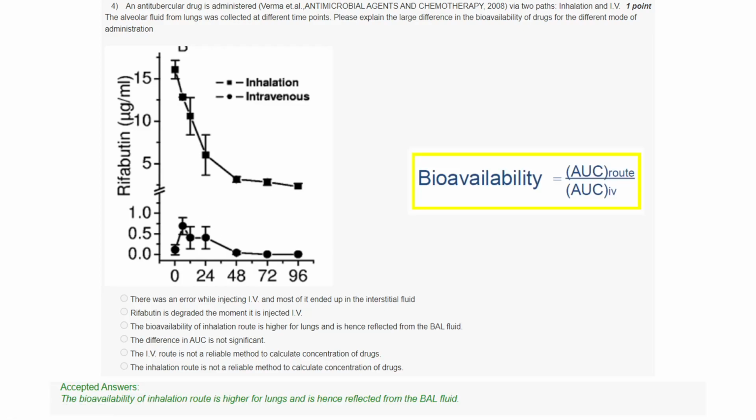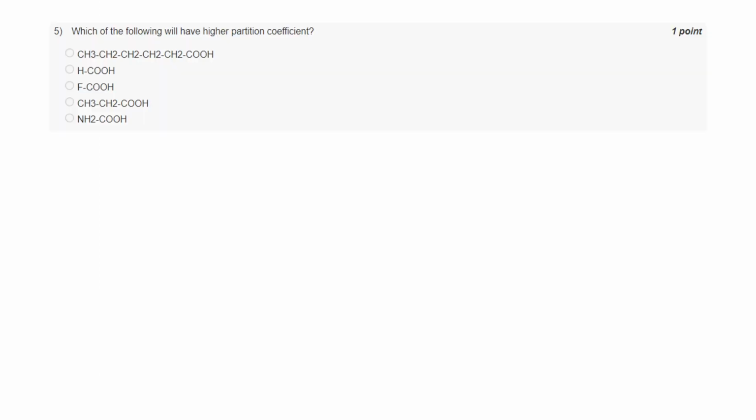So the right answer is because bioavailability of inhalation route is higher for lungs, and that is what is reflected in the alveolar fluid. So this question tells us that your bioavailability is not going to be constant for a particular drug. It is going to change based on the way you are administering it, where you are checking the concentration of that particular drug, and also on the properties of the drug.